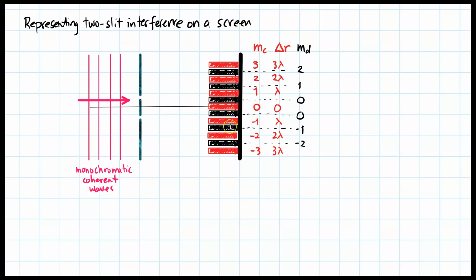Then of course there's the symmetry from the central line. Each of these path differences then have to do with odd half wave multiples. So in this 0 case, it's half a wave. For 1, it's 3 lambda over 2. For 2, I'm getting 5 lambda over 2.